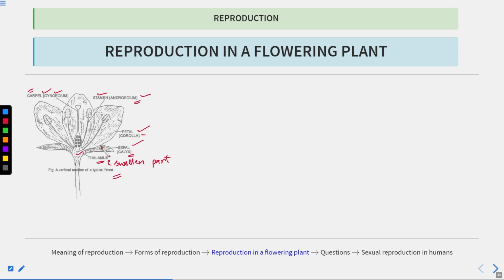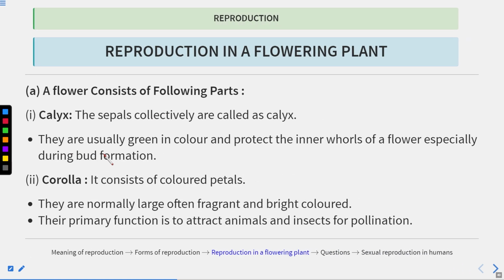You can see on this thalamus, sepals are present, petals are present, stamens as well as carpels are present. The stalk of the leaf is known as the petiole, the stalk of the flower is known as the pedicel, and the stalk of the inflorescence is known as the peduncle. Clear? Now we'll talk about each of these.